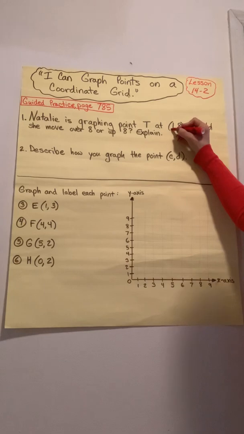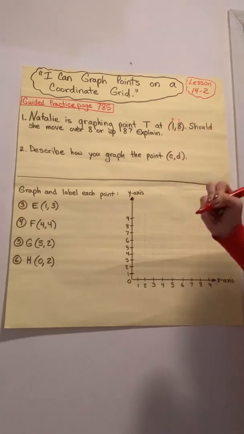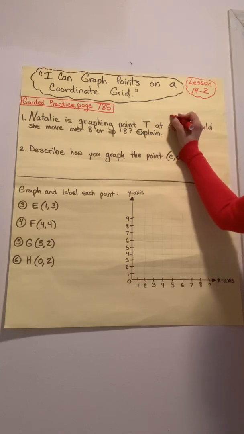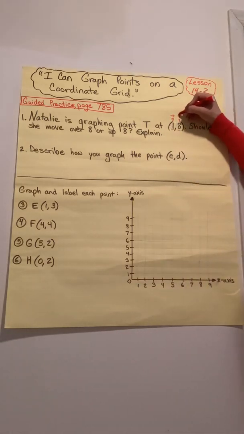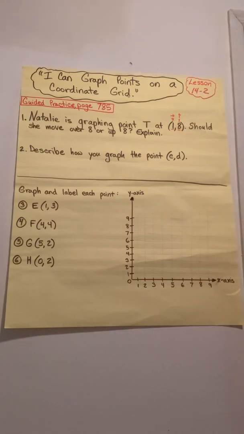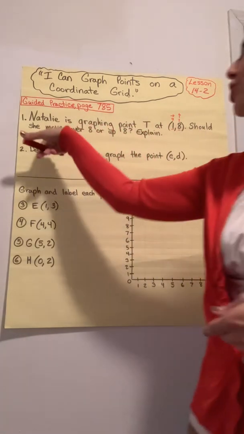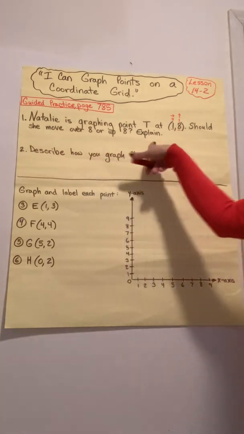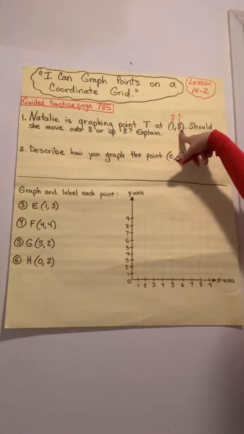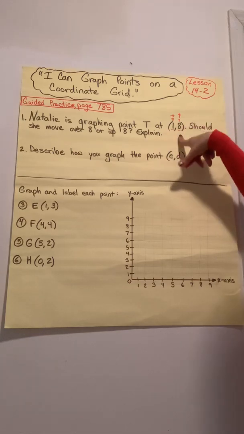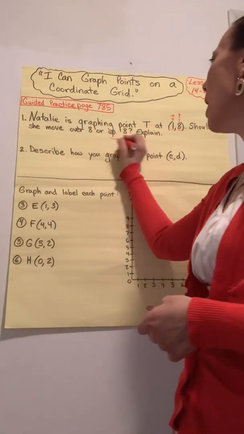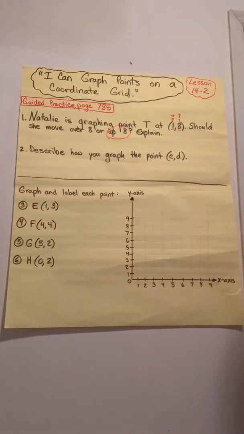So I know this 1 represents the x-axis and this 8 represents the y-axis. That means this 1 tells me how many spaces over to move, and this 8 tells me how many spaces up to move. So when the question says, should she move over 8 or up 8, I look and see, oh, the 8 is second. First I go over, then I go up. So up 8 would be the correct answer.